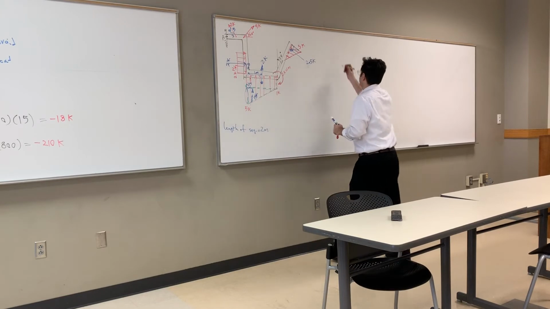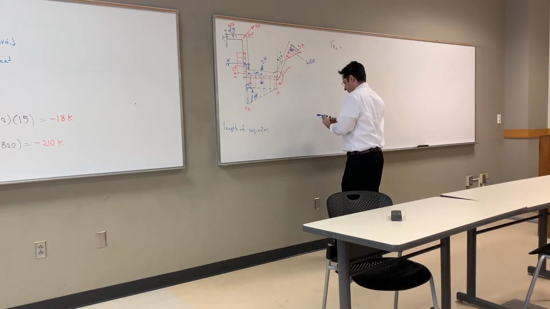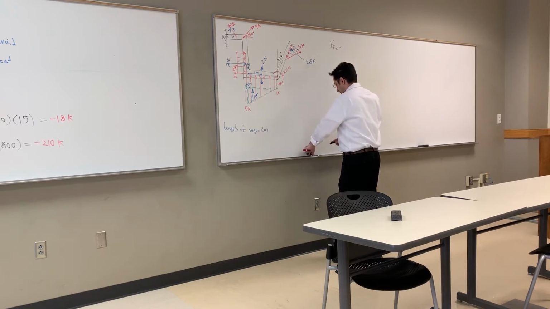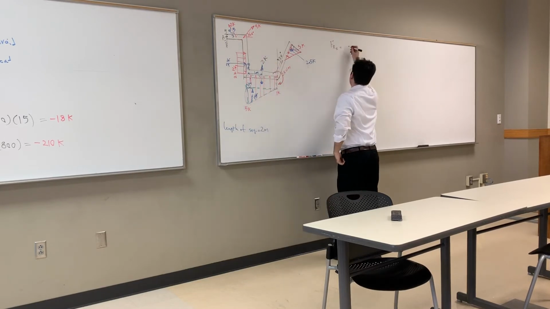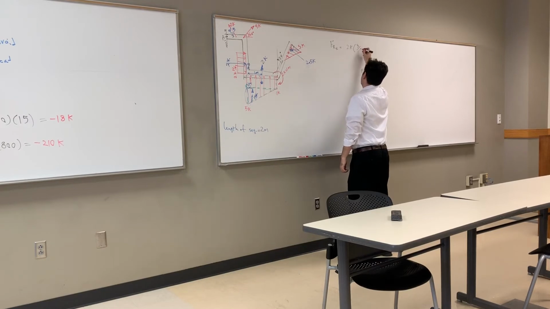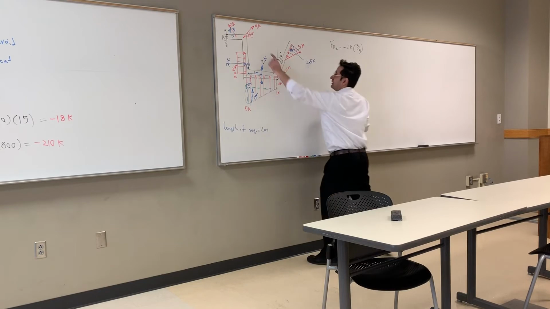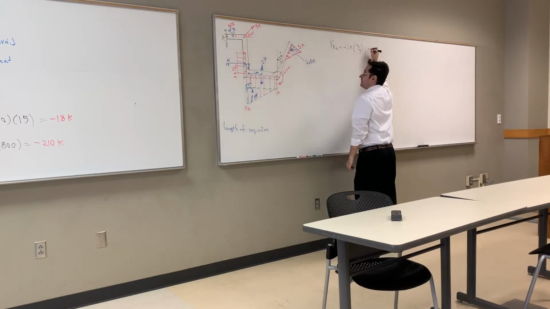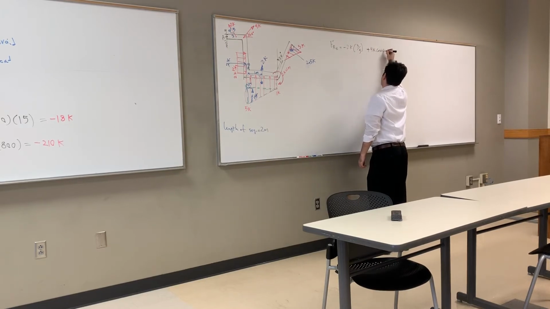So let's write it. F resultant X in the X direction. Let's start with this guy. What should I write? 2K times 3/5. Positive or negative? Negative. Now we go to the next one, the X component. Plus 4K times cosine 60.